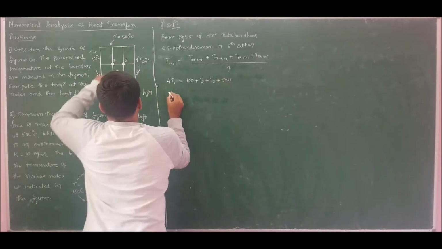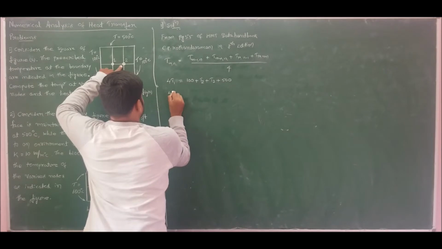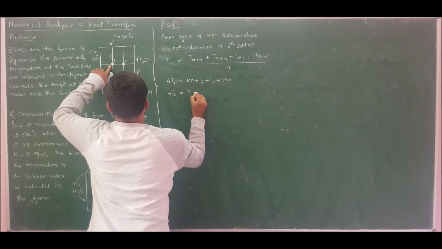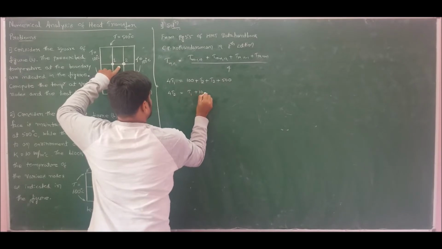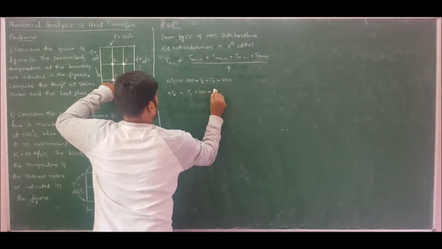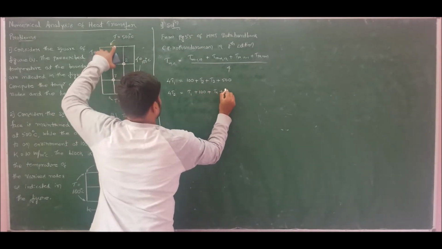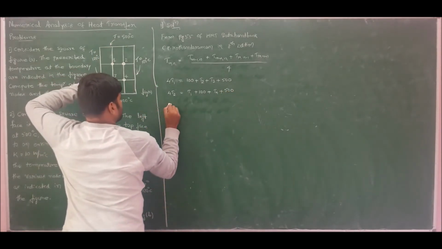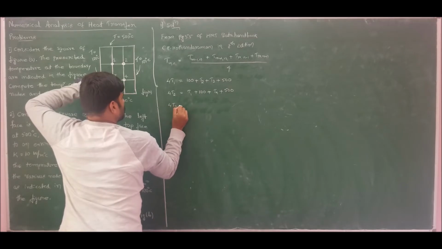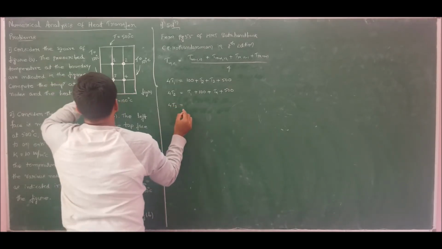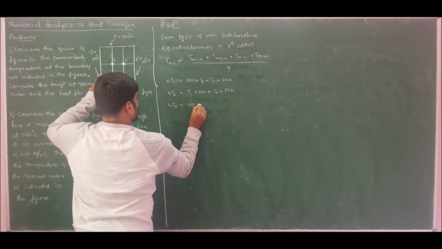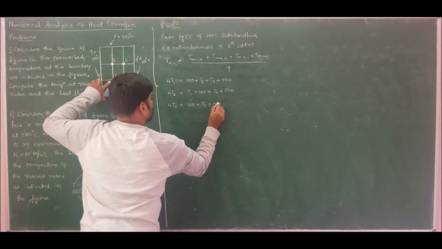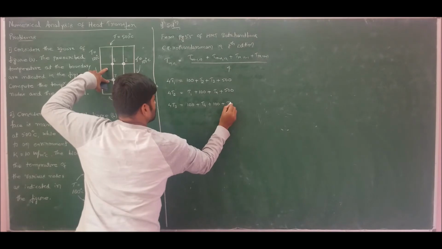Similarly, for node 2, I can write 4 T2 is equal to T1 plus 100 plus T4 plus 500. For node 3, 4 T3 is equal to 100 plus T4 plus 100 plus T1.